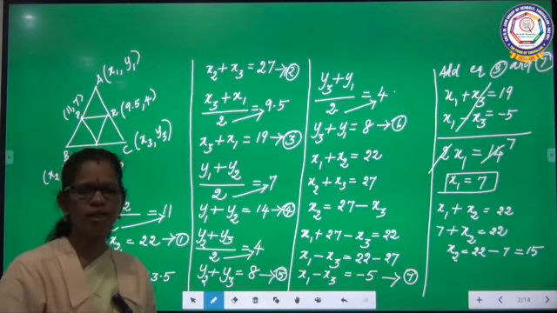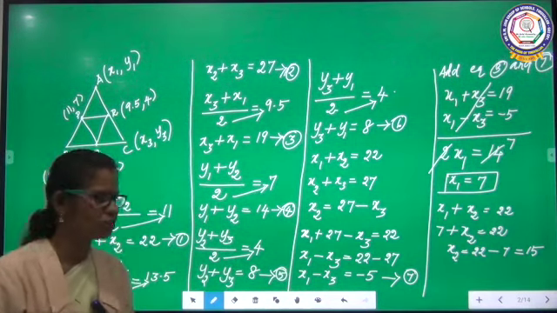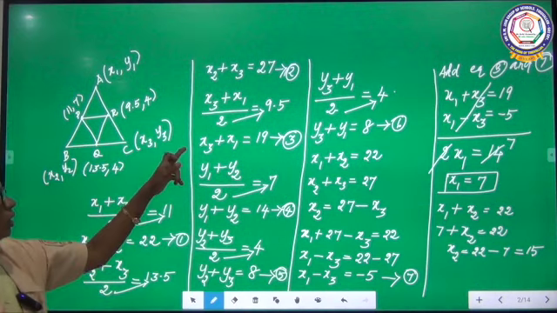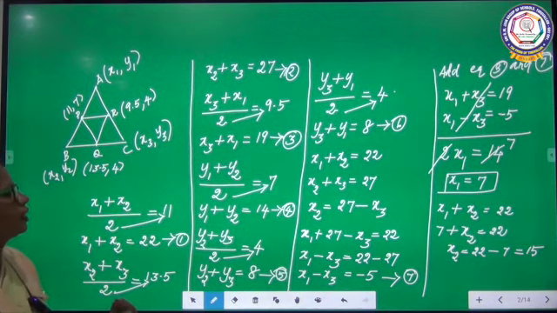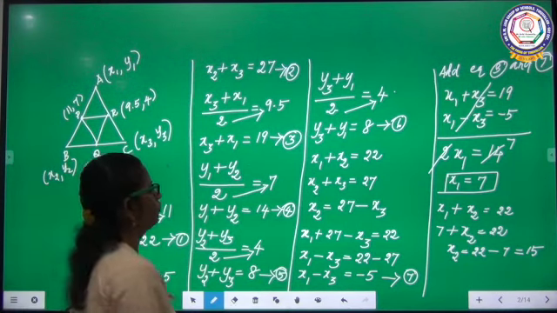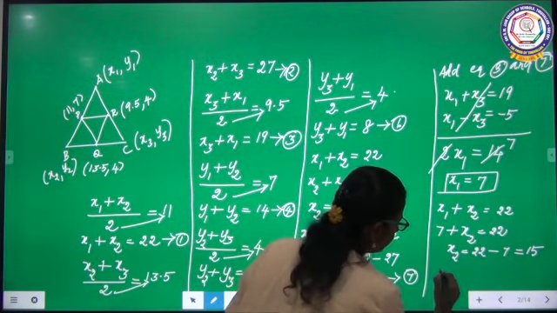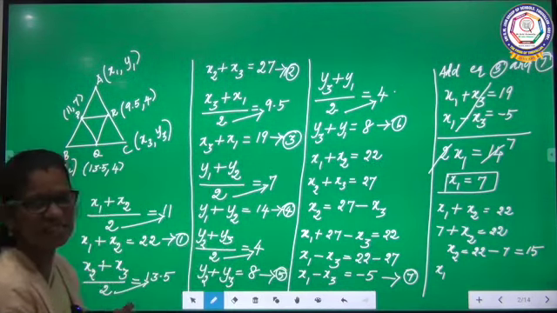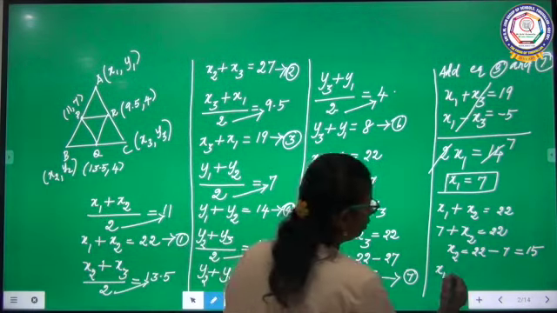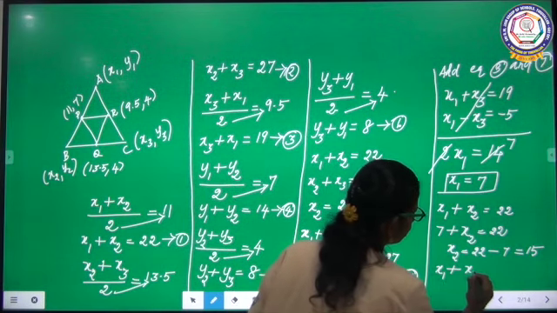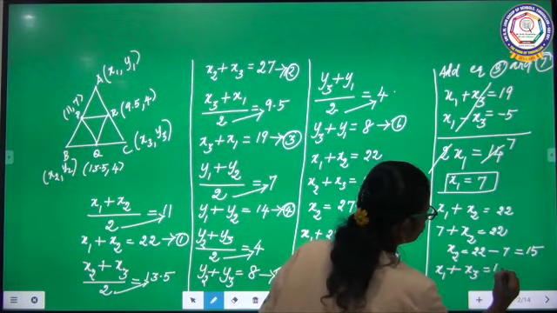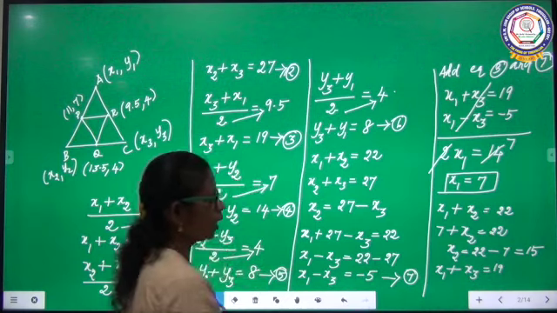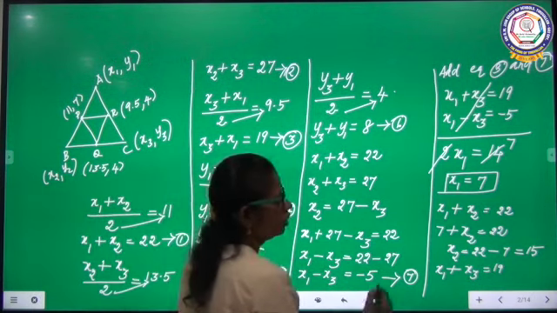Still one more thing we need, that is x3. If you want, you substitute in the third equation or in the second equation, that is your convenience only. x1, now I am going to substitute in equation number 3. So x1 plus x3 equal to 19. x1 I arrived at the result as 7.